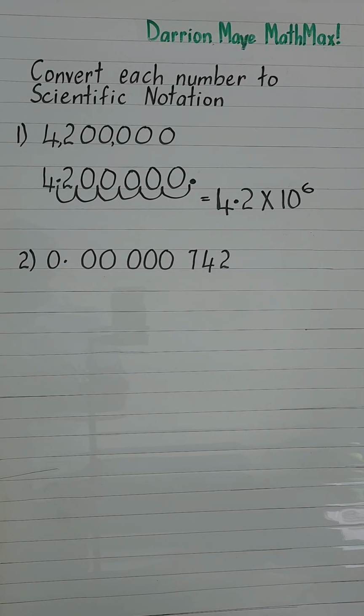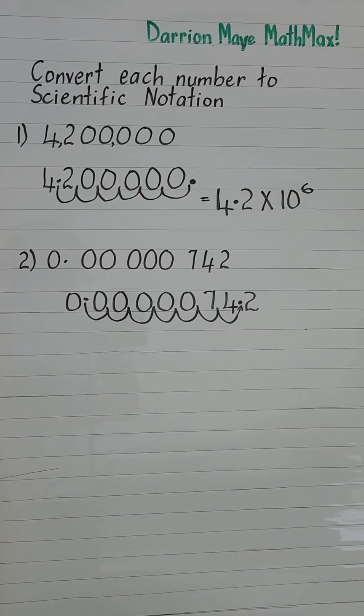Now let's look at our second example, which is a small number, 0.0000742. Our first step: move the decimal point to the right until there's one non-zero number to the right of the decimal point.